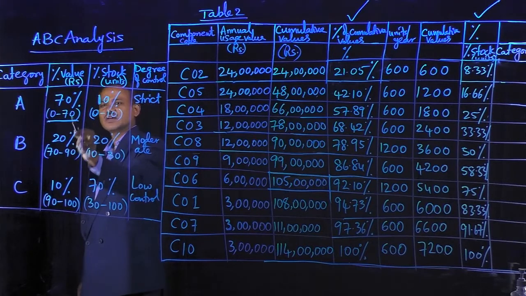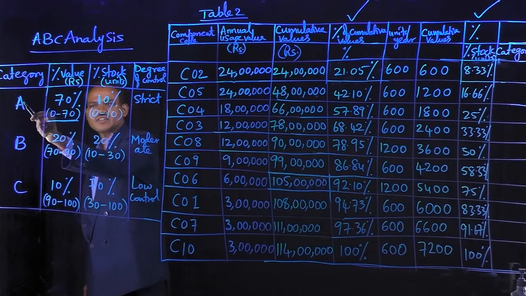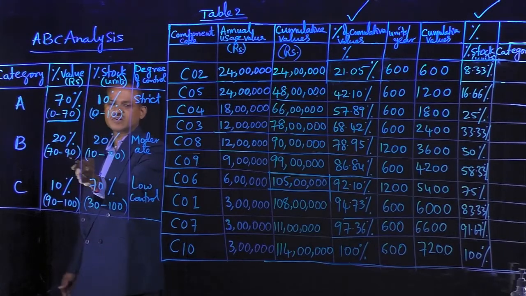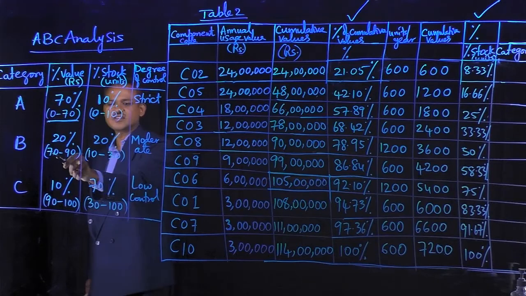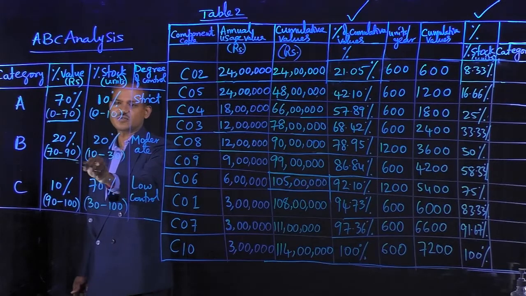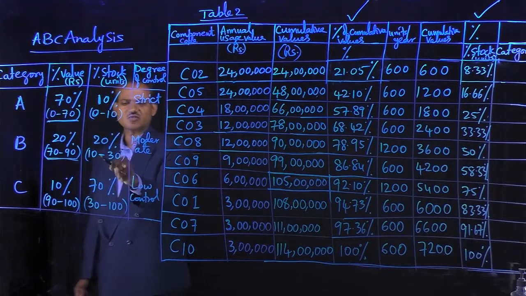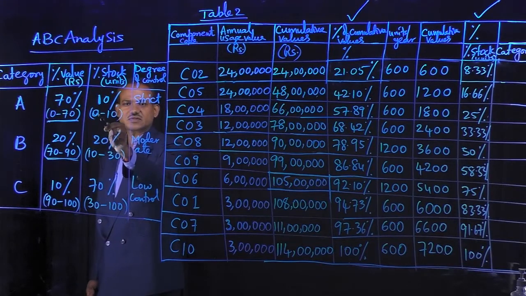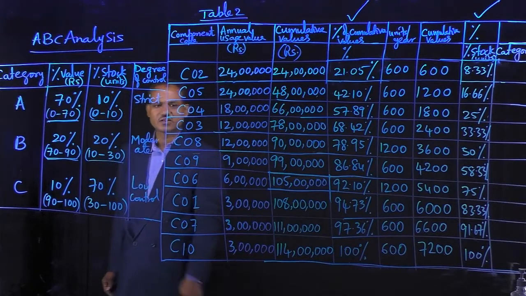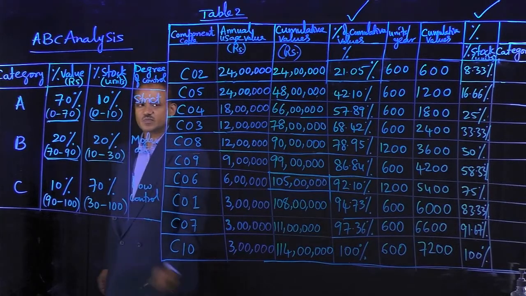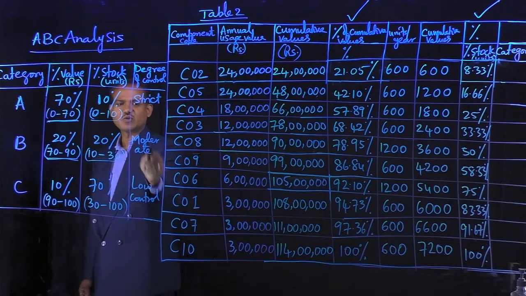This means 0 to 70 is A class, from 70 to 90 is B class. This is the cumulative range. Similarly, coming to the stock value, 0 to 10 is A class, 10 to 30 is B class, 20%. It requires moderate control.